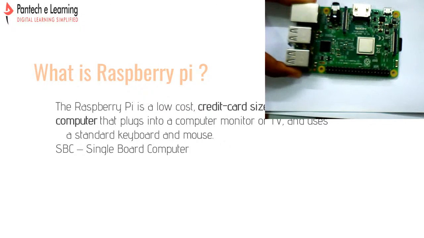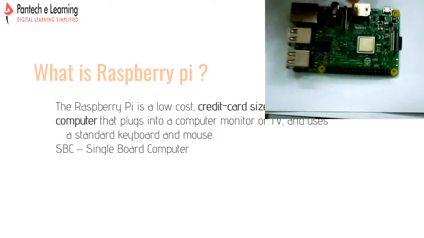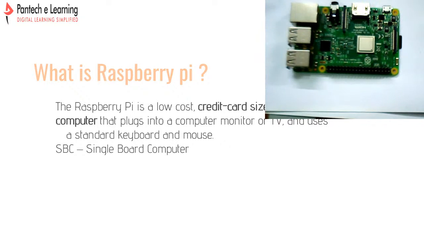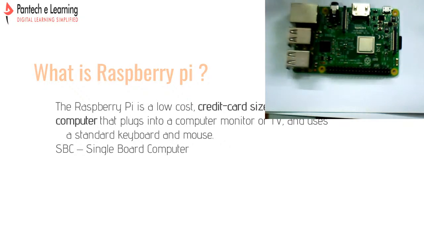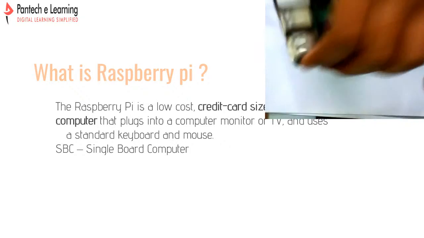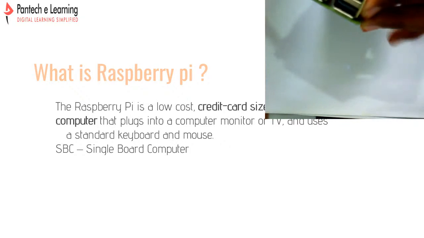You can connect using this HDMI cable to any PC or monitor. First we need to write code and all these things, so for monitor purposes we can use these HDMI cables, which will help you connect the camera.